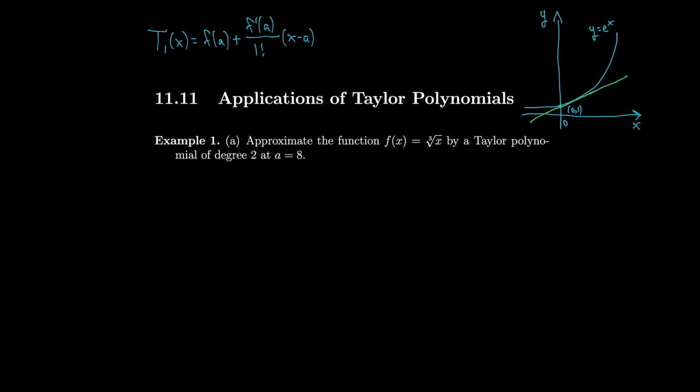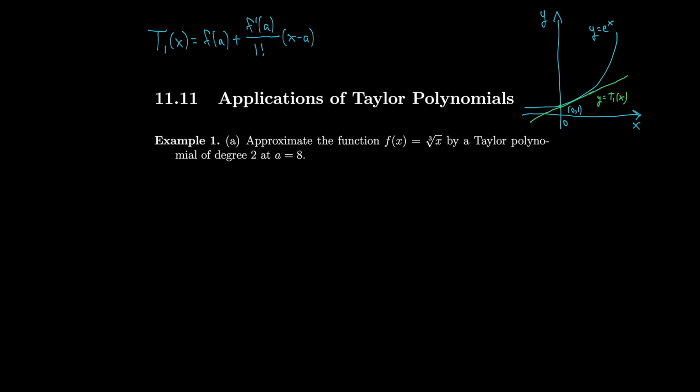So here's y equals T1 of x. And you'll notice that if you look near a, then T1 is a pretty good approximation for the function y equals e to the x, but when you go farther away, it becomes a very bad approximation.